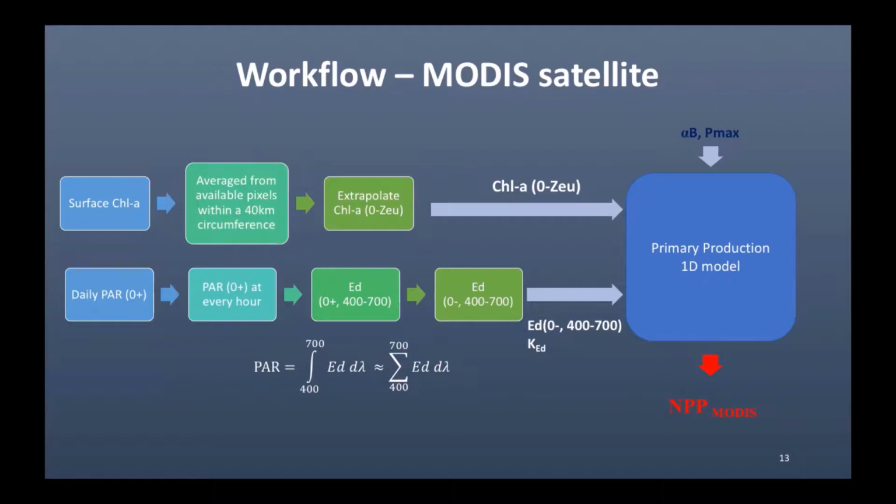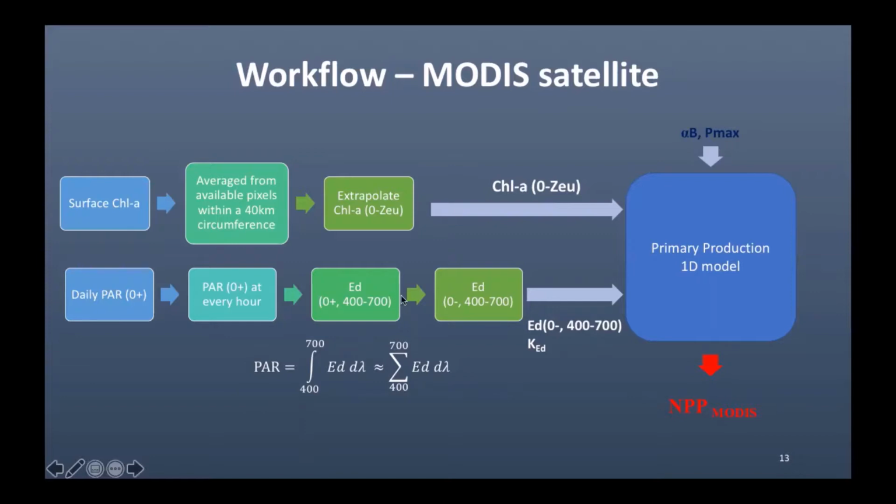For the irradiance profile, the daily mean PAR from the satellite is converted to an hourly PAR using the solar altitude angle, which is the angle between the sunlight and the ocean surface, and it is unique to location and time as well. Then I convert the PAR to the downward irradiance within the photosynthetic spectrum using mathematical relationships.